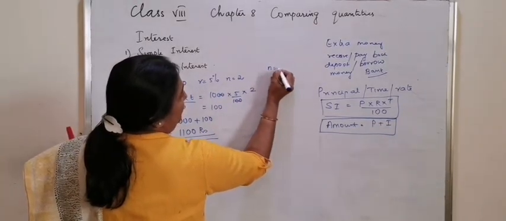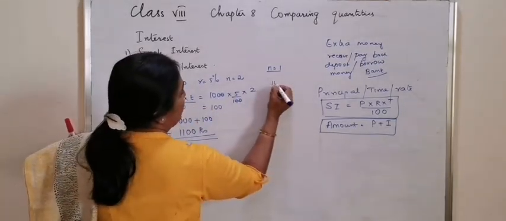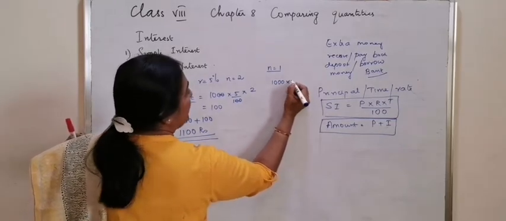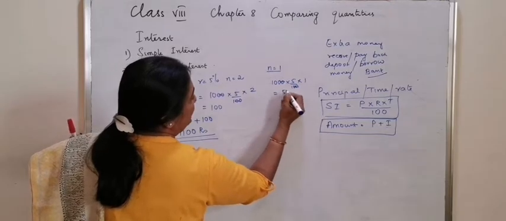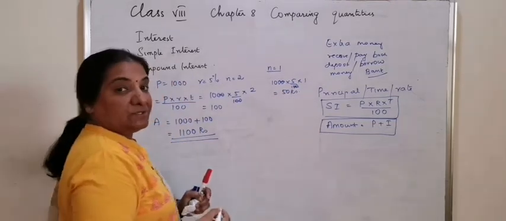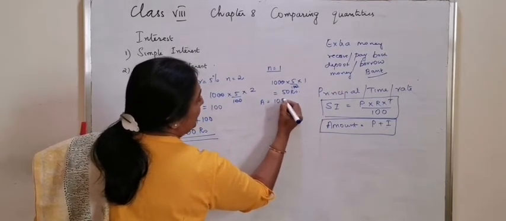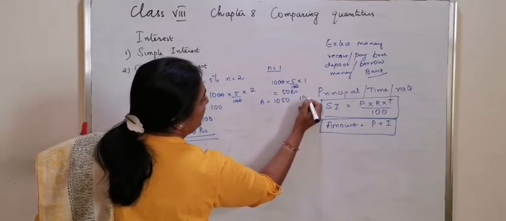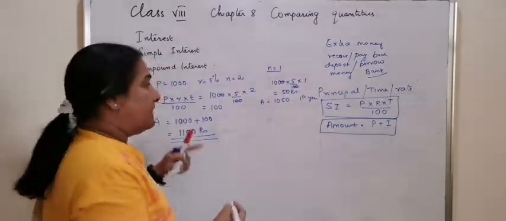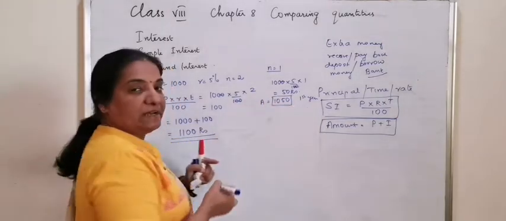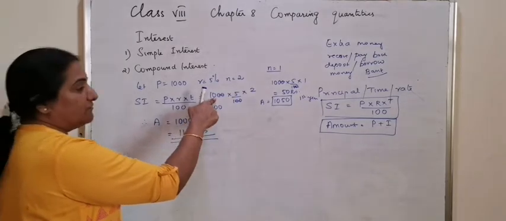calculation for the first year, n is equal to 1, that is 1000 into 5 by 100 into 1, that is 50 rupees. So the amount you are receiving is 1050 after the first year. Now for the second year, the principal will be taken as 1050 instead of 1000 as in the simple interest formula.